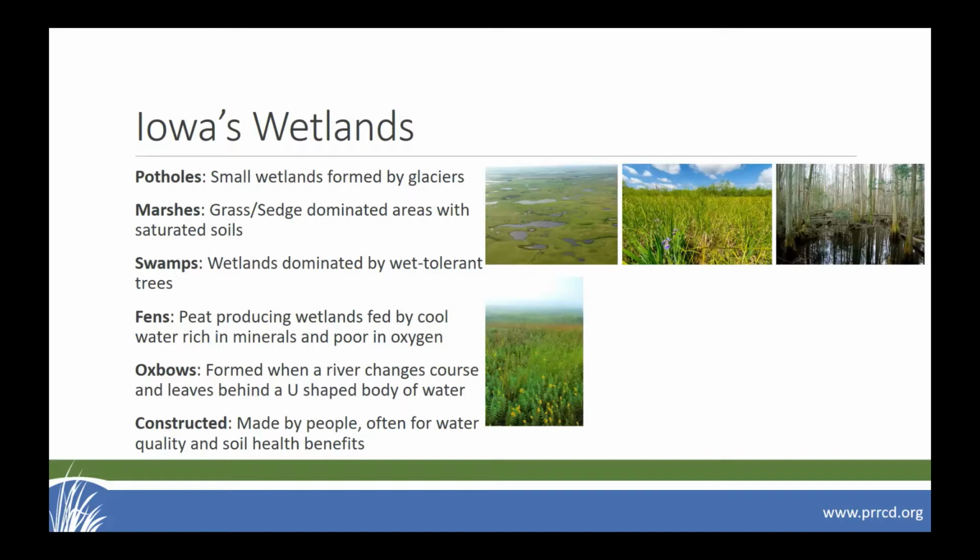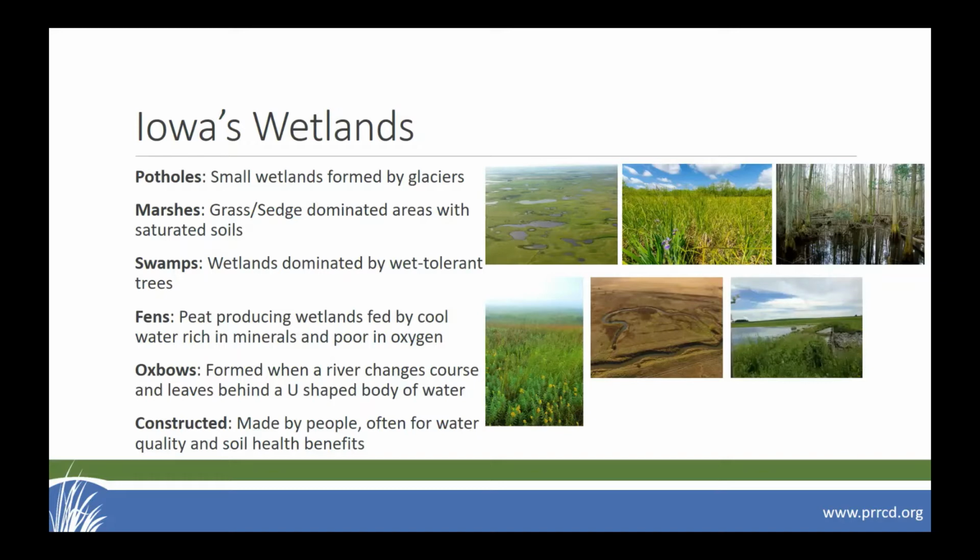This is formed mainly in areas fed by cool water rich in minerals and poor in oxygen, giving rise to a strange ecosystem. We also have oxbows, which are areas of river that were cut off as the river was changing its course, leaving behind a U or bow-shaped body of water. And then constructed wetlands, which are made by people, mainly for water quality and soil health benefits.